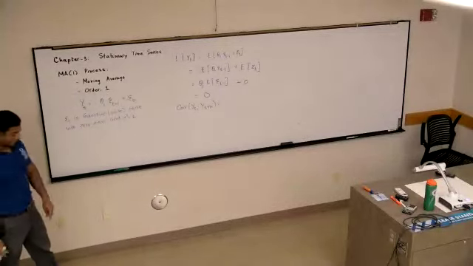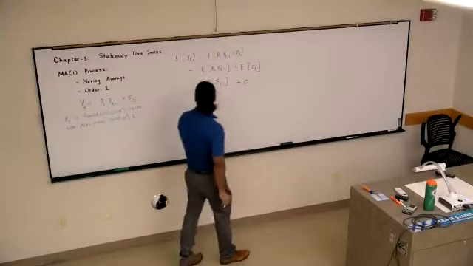Next, we have to find the covariance of yt, yt plus h.